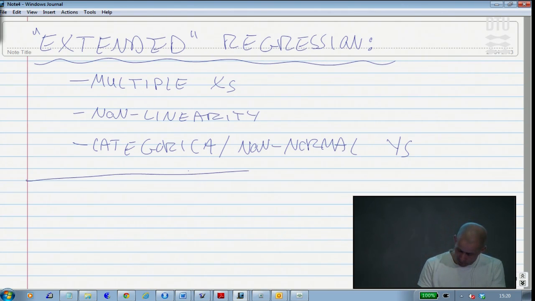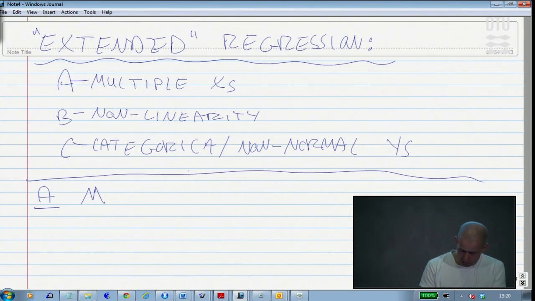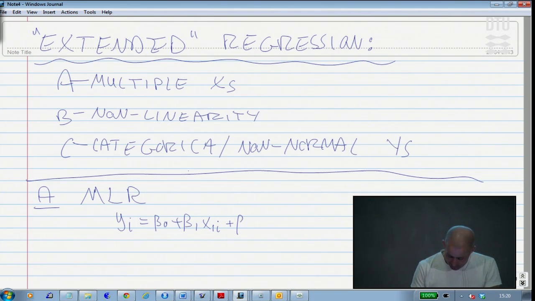The multiple case, usually called multiple linear regression, MLR, is an approach where we can look at observations y not only as a function of one x, as we have done now in the simple regression, but actually there could be several x's, more than one x, x1i, x2i up to maybe xpi, like this.